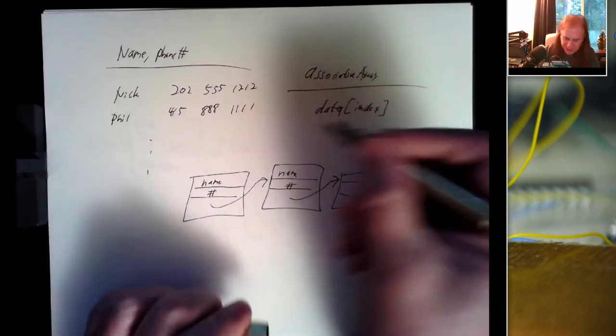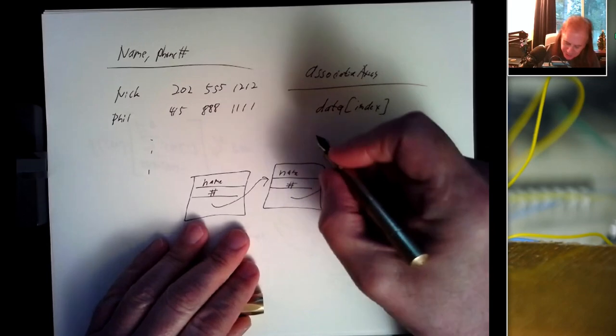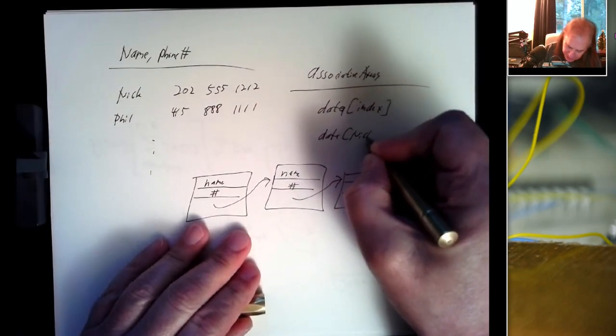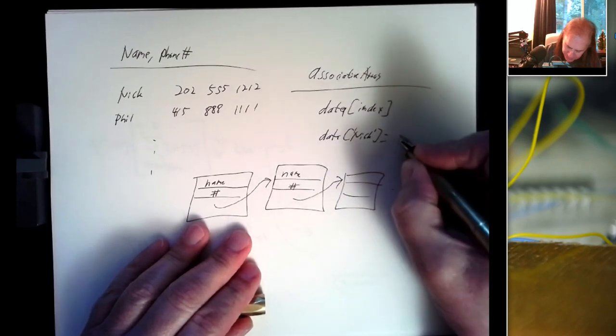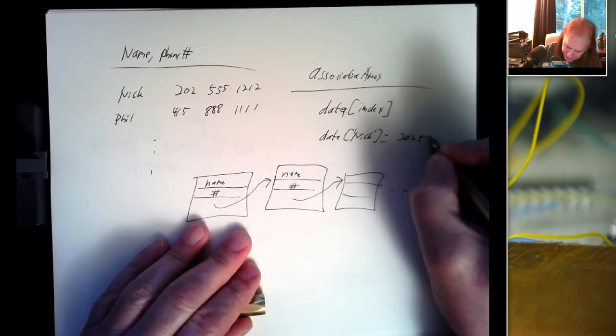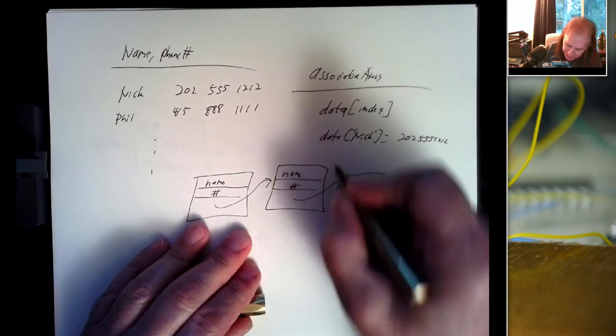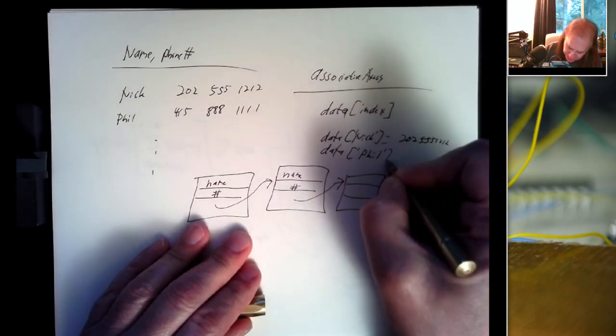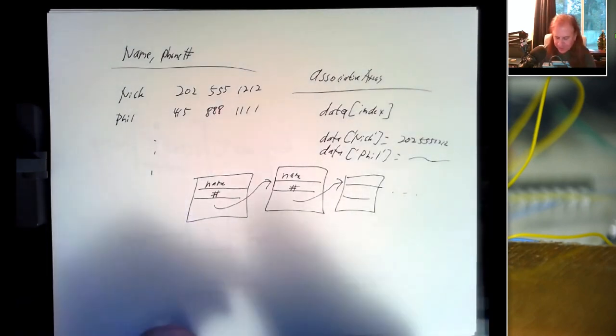And so for an associative array for storing names and phone numbers, we could say data bracket Nick equals 202-555-1212, data bracket Phil equals, and we could store Phil's phone number and so on.